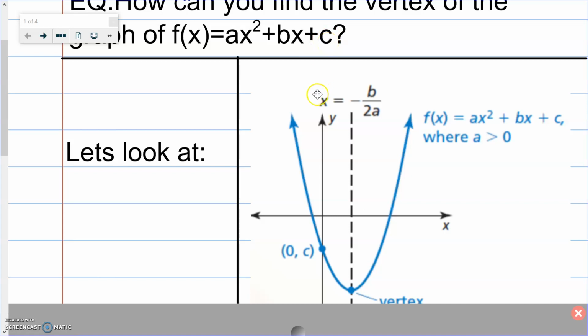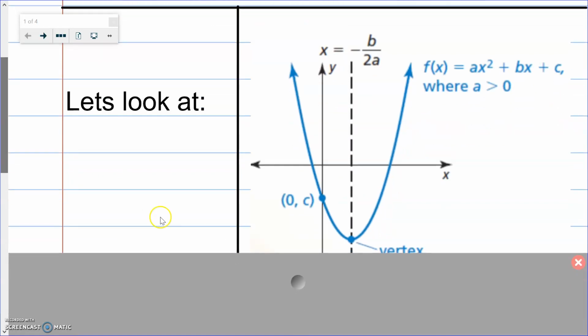It'll be a number. The way that we find x is negative b over 2a. This is our equation, f of x equals ax squared plus bx plus c, where a is bigger than 0, so it's a positive number. So let's look at what information we can get from the equation.